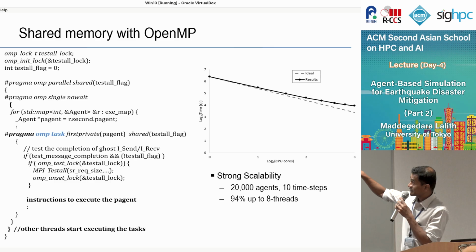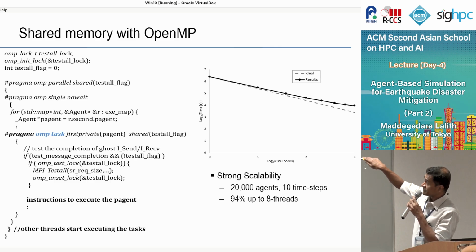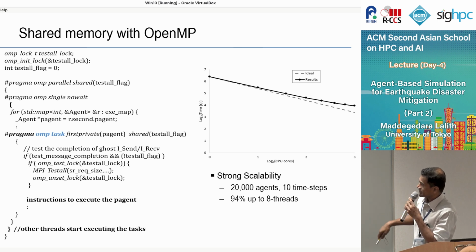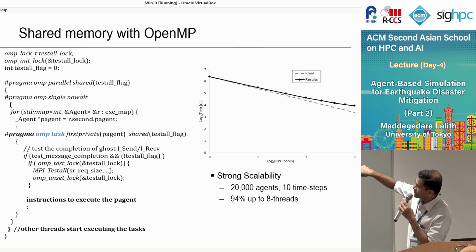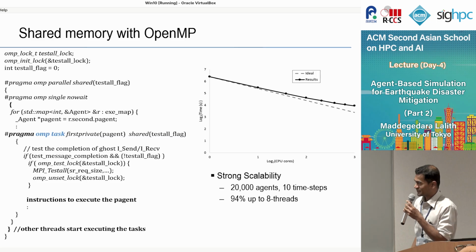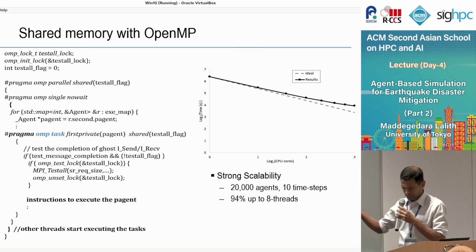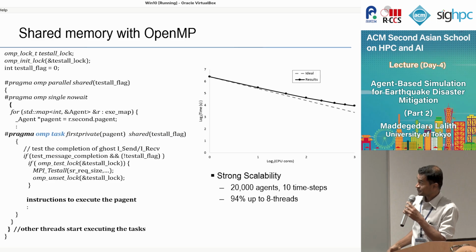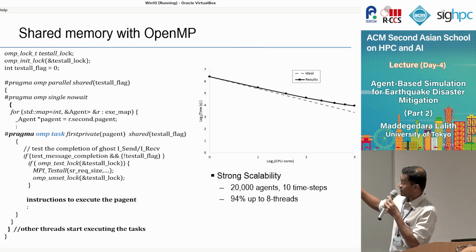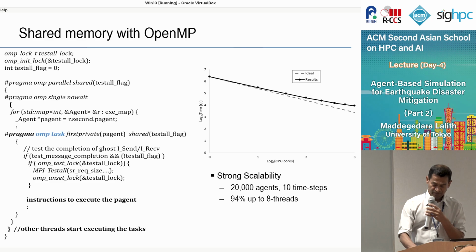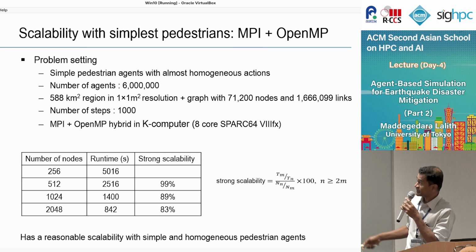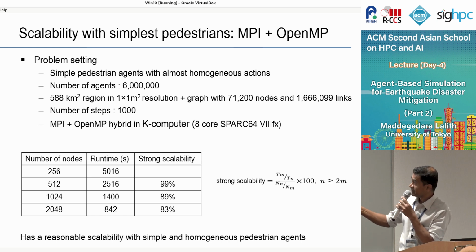This shows the scalability of shared memory parallelism up to 8 threads. We could reach around 94% scalability on 8 threads. We use 8 threads here because this was done on the K computer, the predecessor of Fugaku. This is reasonably high for this class of problems. Then we did strong scalability with both OpenMP and MPI with 6 million agents.